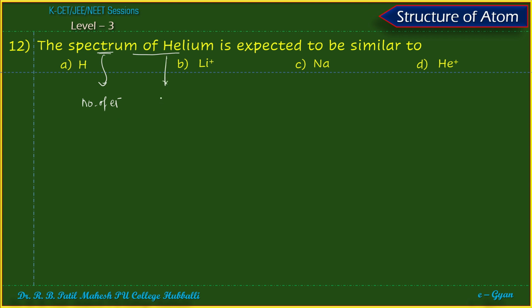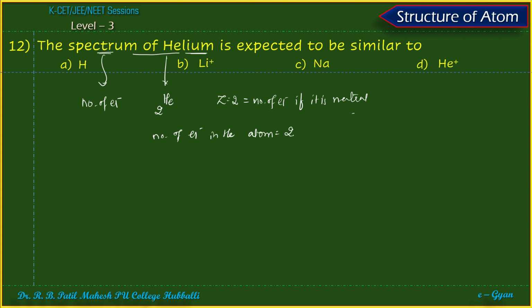Helium has atomic number 2, that is Z equal to 2, which is also equal to the number of electrons if it is neutral. As the helium atom is given, it is neutral, so the number of electrons in the helium atom is 2.